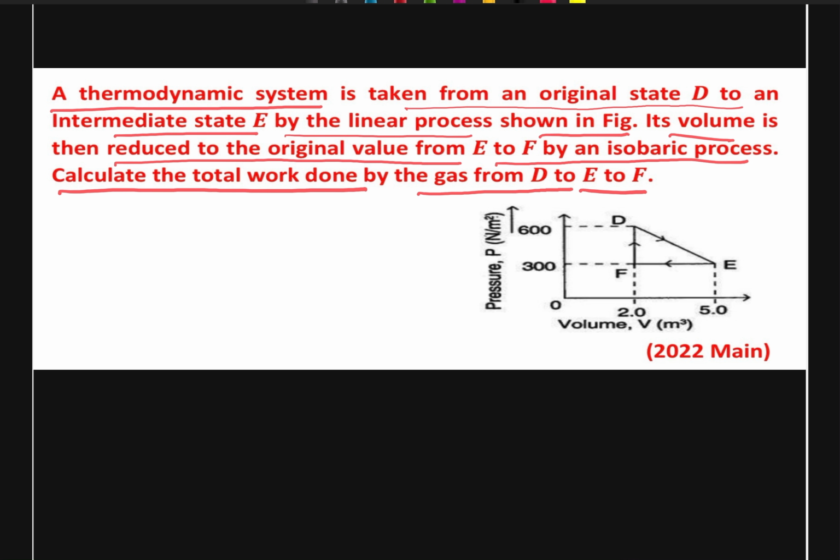So here basically it is a PV diagram. So the work done will be equal to area under the curve or area of the triangle.